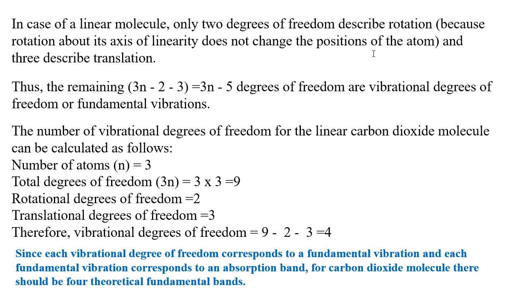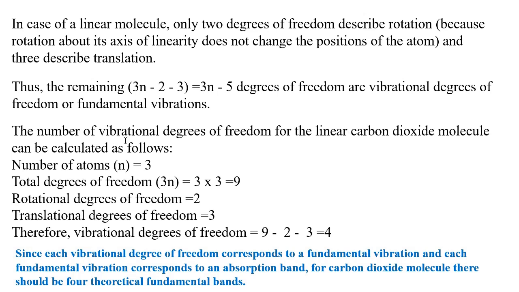That is why the rotational freedom is 2 instead of 3 as in a non-linear molecule, and 3 describe translation. Thus, the remaining 3n minus 2 for rotational freedom, minus 3 for translation, that is equal to 3n minus 5 degrees of freedom, or vibrational degrees of freedom or fundamental vibrations, for linear molecules.